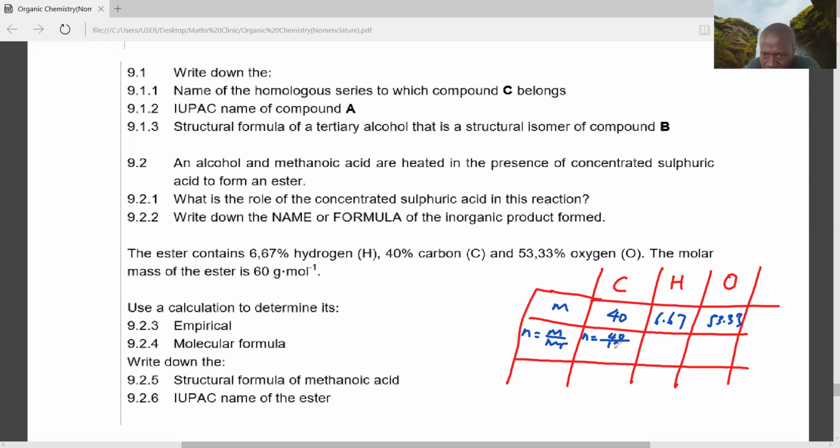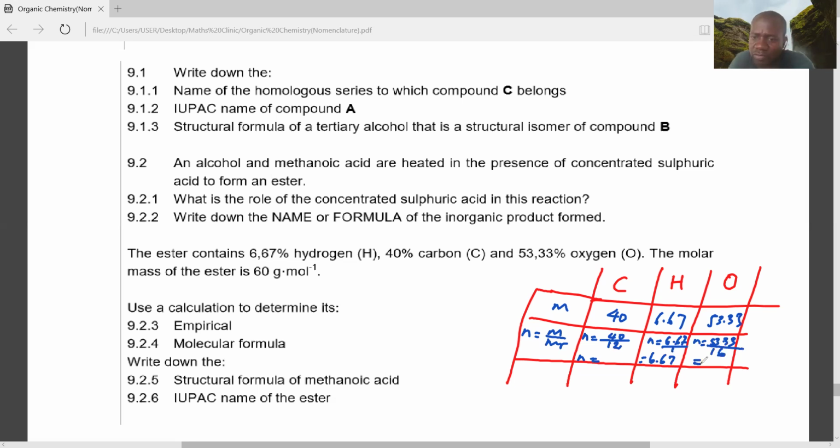For hydrogen, the mass is 6.67 and the molar mass is 1, so this gives 6.67. For oxygen, the mass is 53.33 and the molar mass from the periodic table is 16.